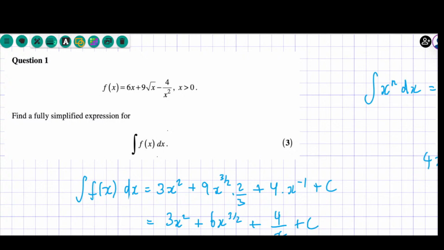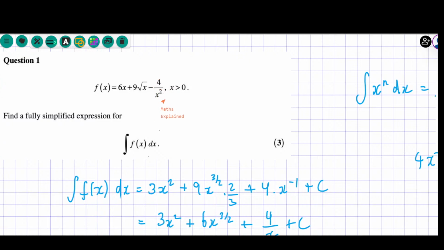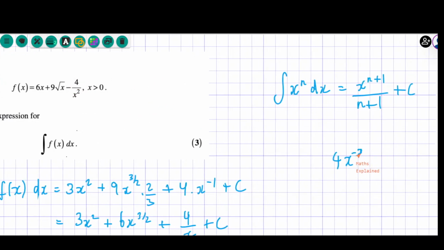So 4 on x squared, you can write it as 4x to the power of -2, the negative exponent standing for 1 over that thing. So then we're adding 1 to -2. So, let's do the integral of this. -4.